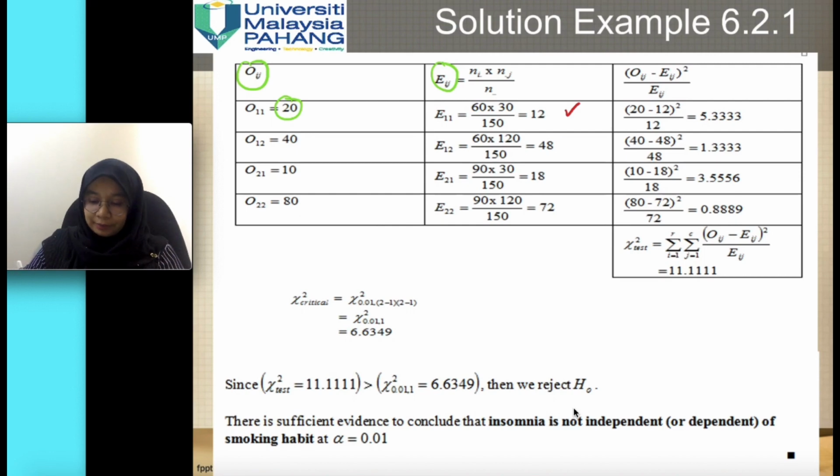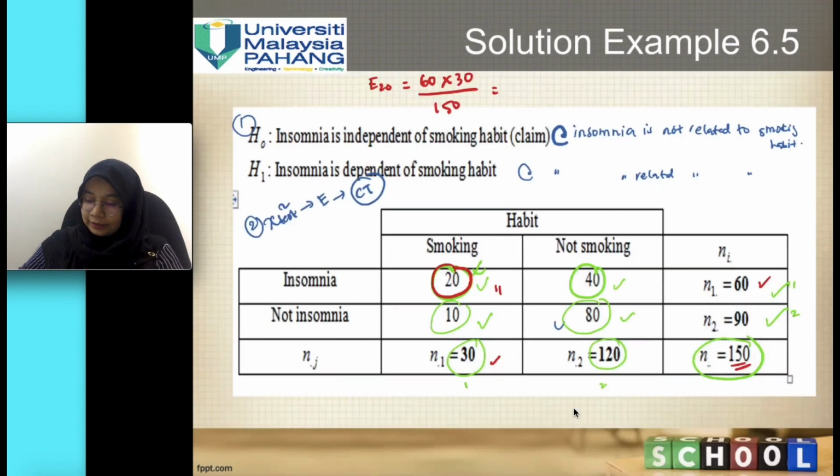Okay, how about E for 40? 40 is located at row 1, column 2. So, E for 40 is equal to total row 1, 60, times total column 2, 120, divided by 150.